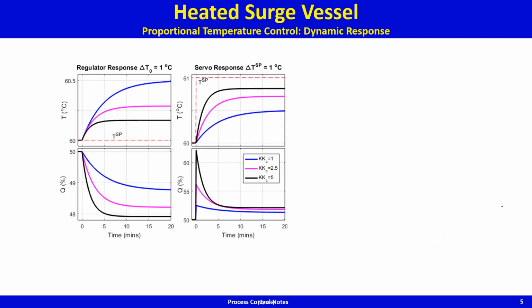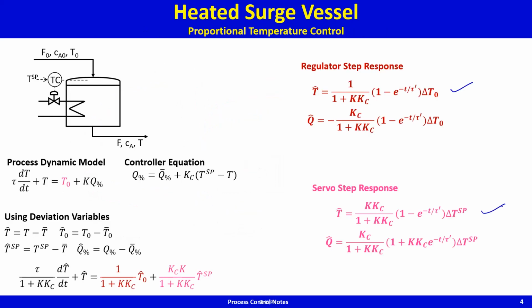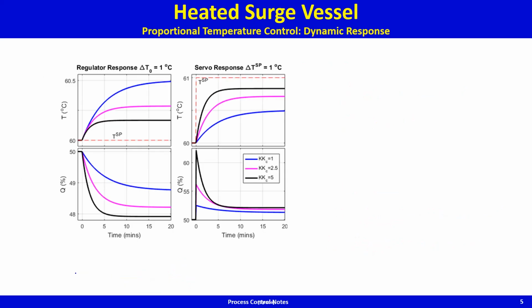And again, one has to realize that this depends on both operating conditions and controller gain, and these gains with respect to set point and temperature depend on the controller gain. If you look at the responses, if delta T naught was 1 degree Celsius and you had no control, temperature would have increased like this and gone to 61.